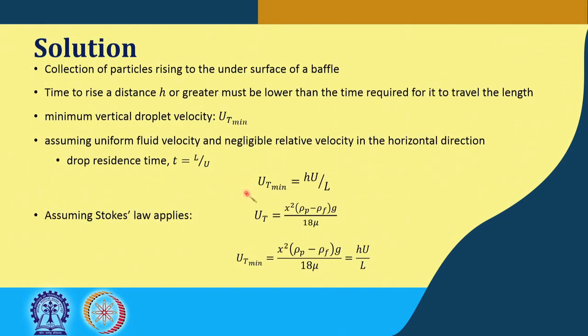Now, if we assume that Stokes law applies, or the Stokes law region is valid for this problem, then ut has this expression: the particle diameter squared multiplied by the relative density multiplied by g divided by 18 mu, and this is now equal to this minimum requirement hU by L. Okay.